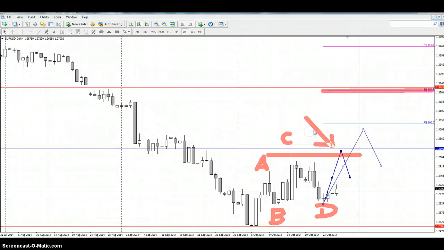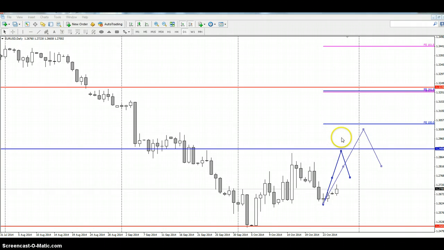So this is what could happen. First thing, if the price breaks upward, we know that the objective would be that level here. How would it go about it? We have to keep in mind that this zone here was a zone of support and resistance previously.